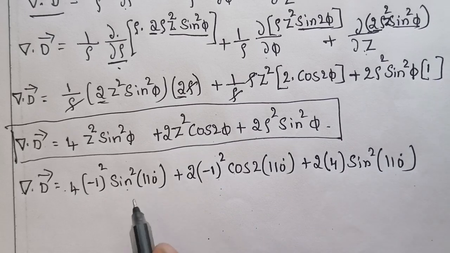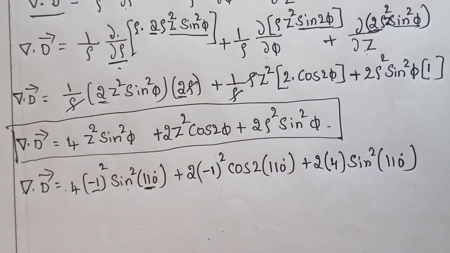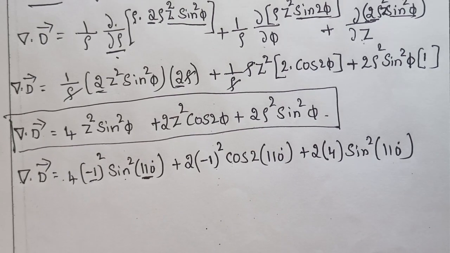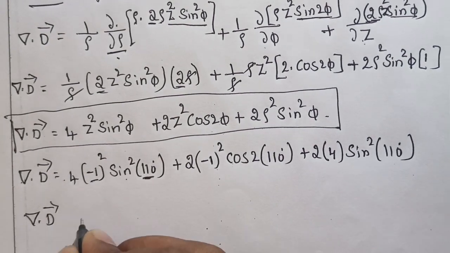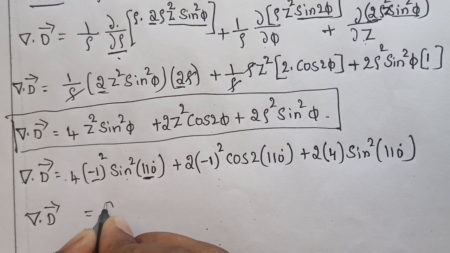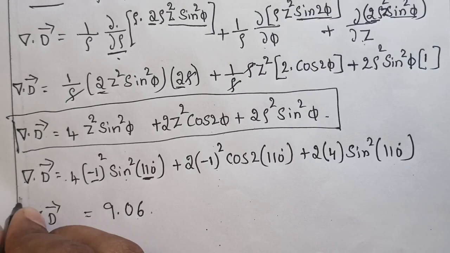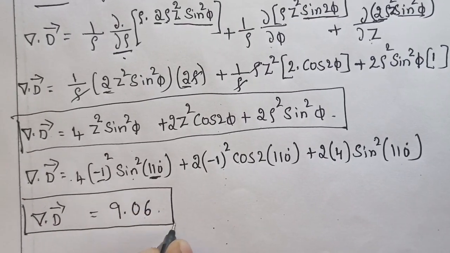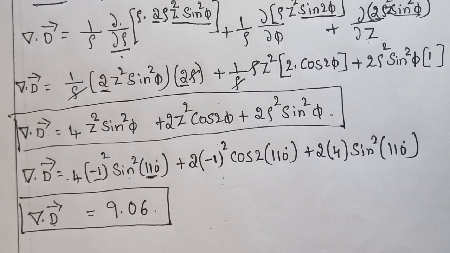I have just substituted the values for rho, z and phi. If you simplify this, del dot D at point B becomes 9.06. This is the divergence of vector D. This is the first sub question.